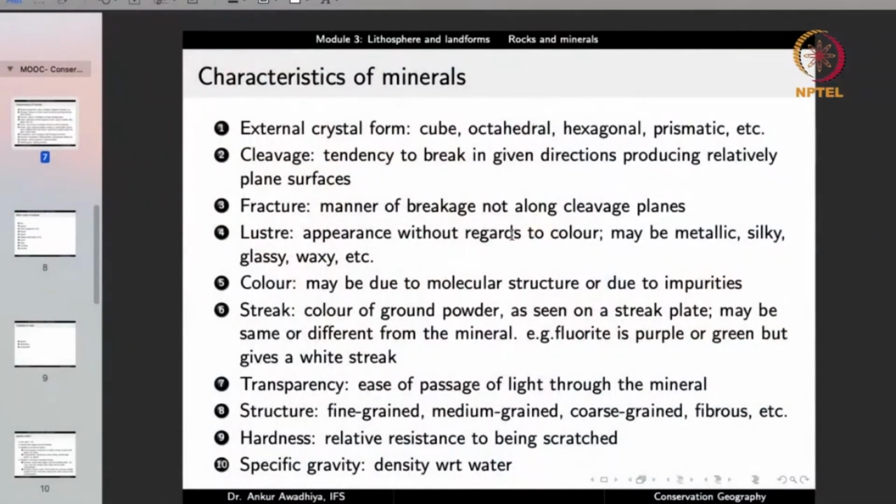And so color may help you, but it is not a very good characteristic to tell you about the mineral. A much better characteristic is the streak. Now streak is the color of ground powder as seen on a streak plate. It may be the same or different from the mineral. For example, fluorite is purple or green but gives a white streak.